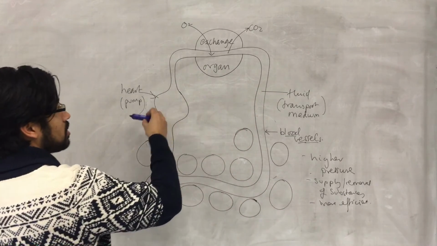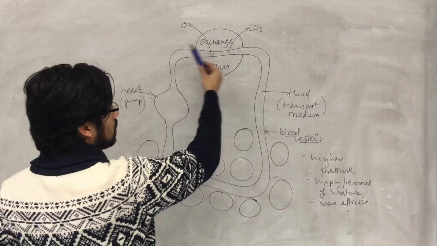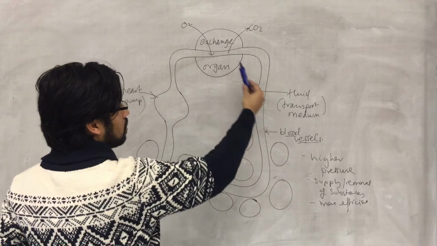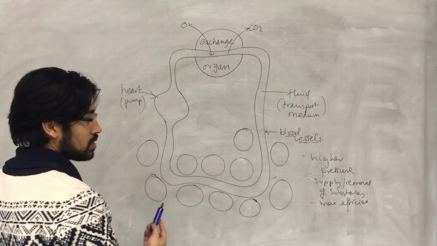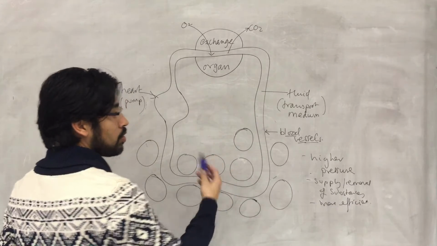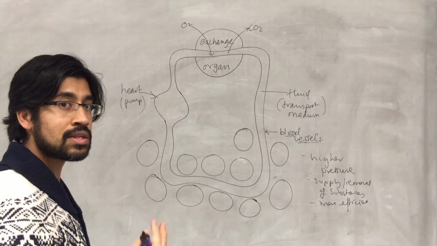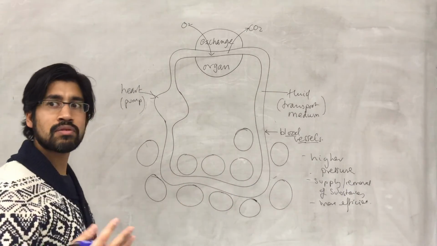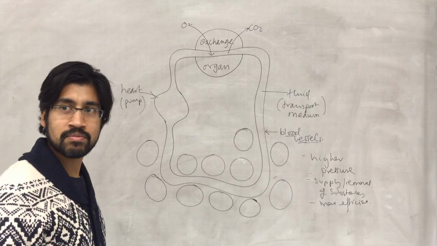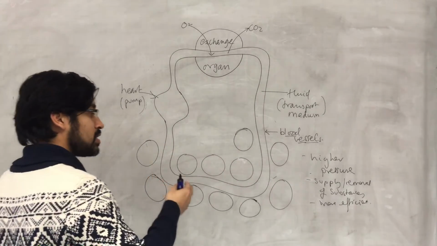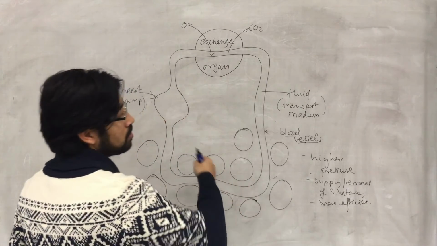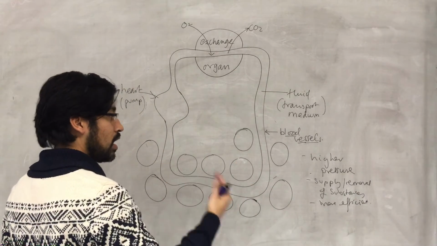Okay? We can generate higher pressures, we can therefore move the fluid faster, and what this means is the concentration gradients are maintained more effectively. The concentration gradients are higher.